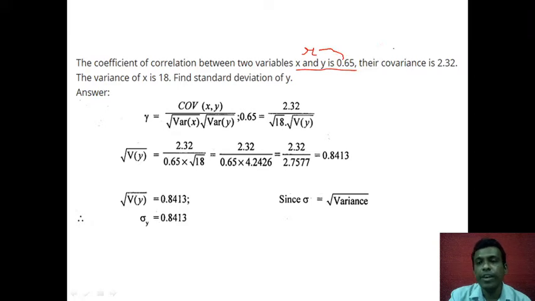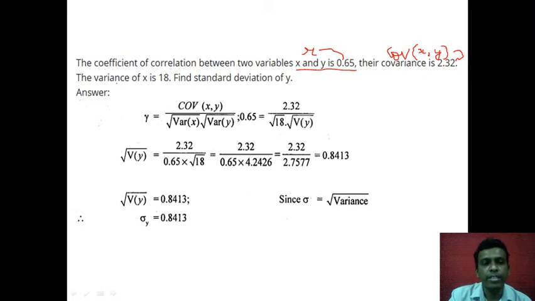Their covariance, that is, there are two variables. In a previous problem we have seen this. So the covariance between x and y is written as COV(x, y). It is nothing but 2.32.